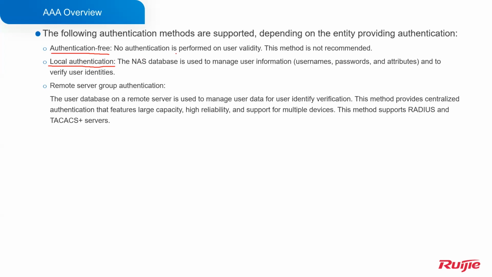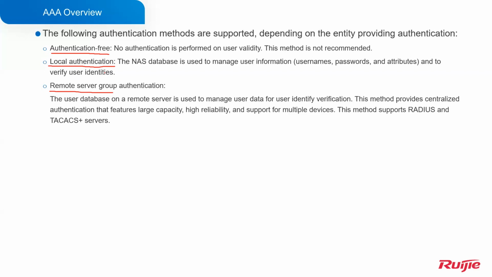And the third is remote server group authentication. The remote server group could be a RADIUS server or a TACACS+ server, right? The user database on a remote server is used to manage user data for user identity verification. This method provides centralized authentication that features large capacity, high reliability, and support for multiple devices.